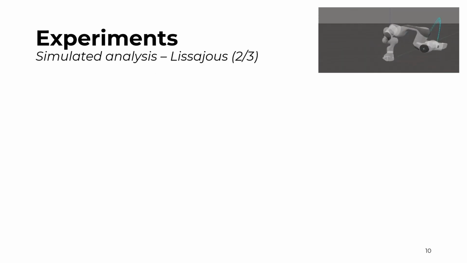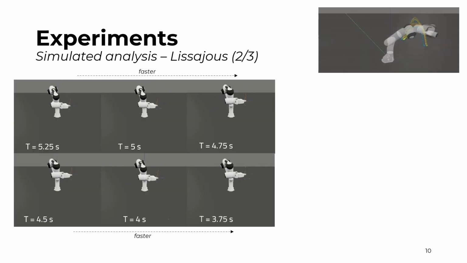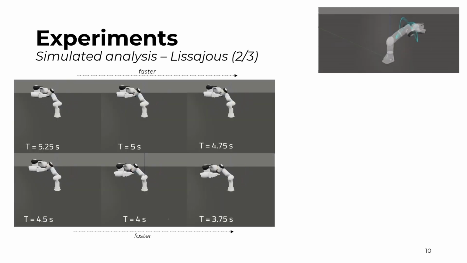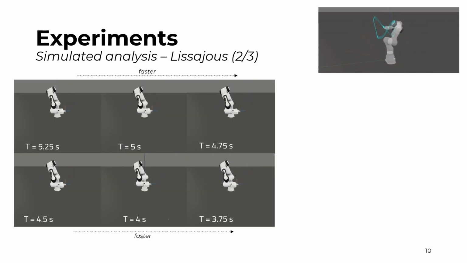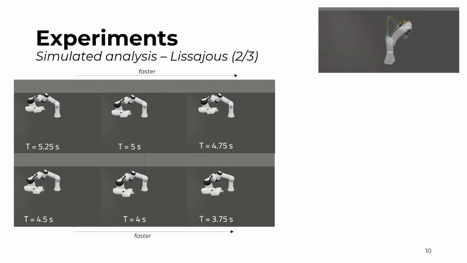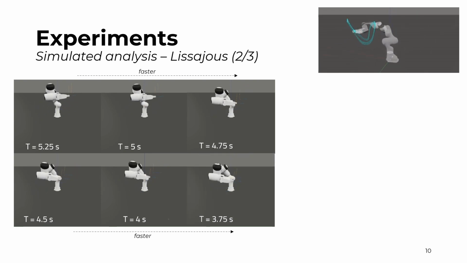Given the similarity of the results across all three trajectories, in this presentation we exclusively focus on the Lissajous case study. First, we show an animation depicting all the slosh-free motions computed for this case study. The slowest trajectory at the upper left part relates to a trajectory of 5.25 seconds.